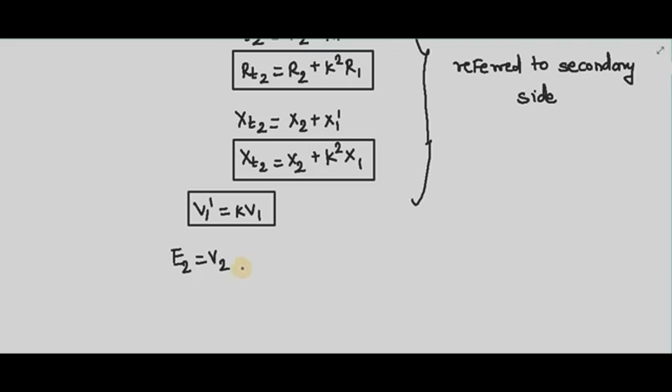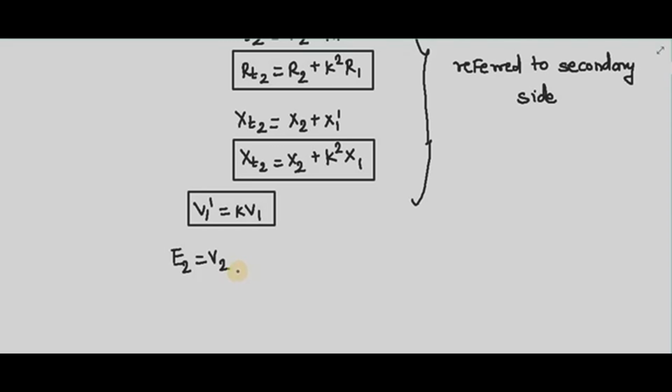This also produces a proportional decrease in the flux, and hence if the flux is reduced, the secondary induced EMF is also reduced. So the secondary terminal voltage is then further reduced by the resistance and reactance drop of the secondary winding.